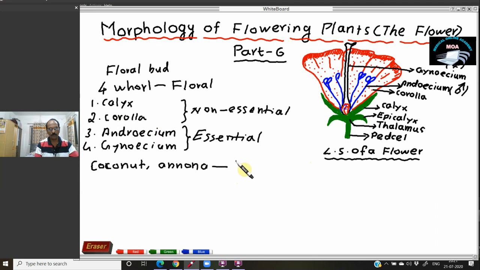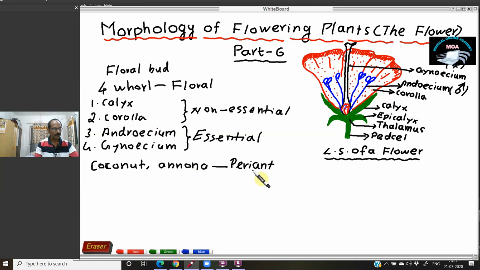Both together form a structure known as the perianth. So what is the perianth? In some plants like coconut and annona, the calyx and corolla are not differentiated, and both together form the perianth. Then we will study the calyx, corolla and all these parts separately, in detail.